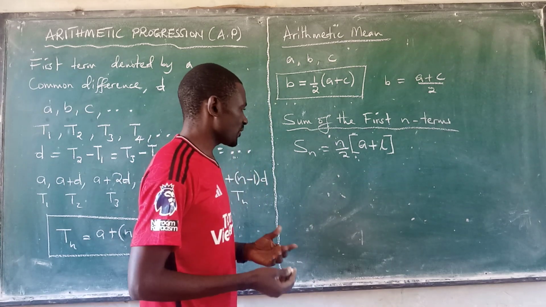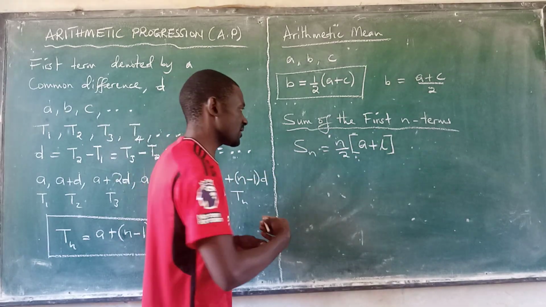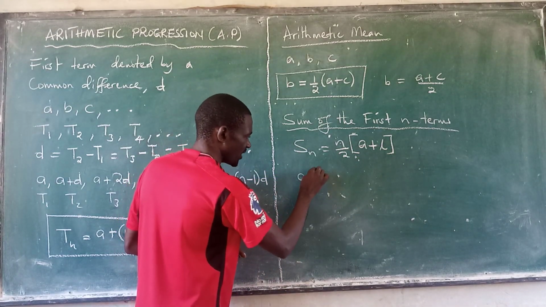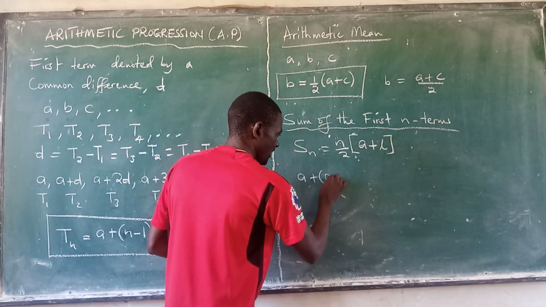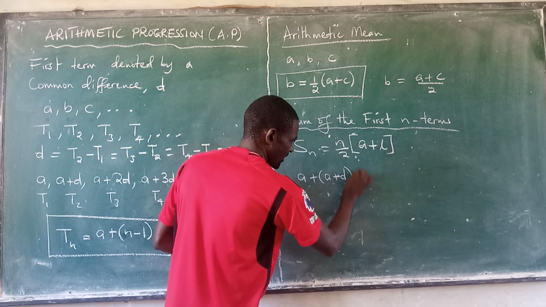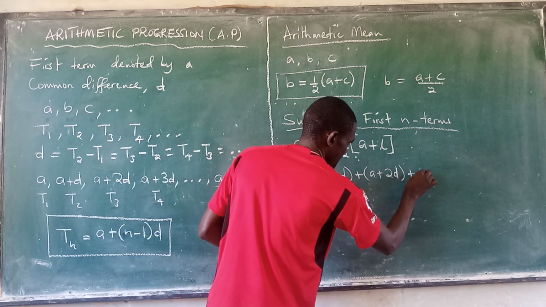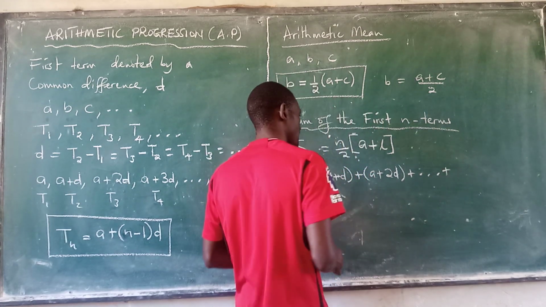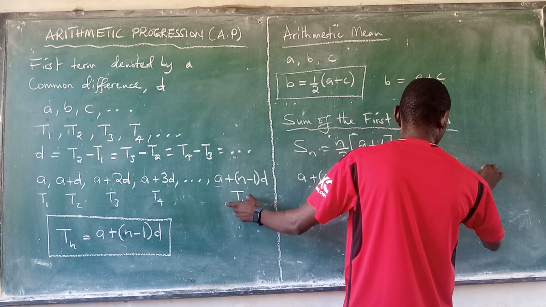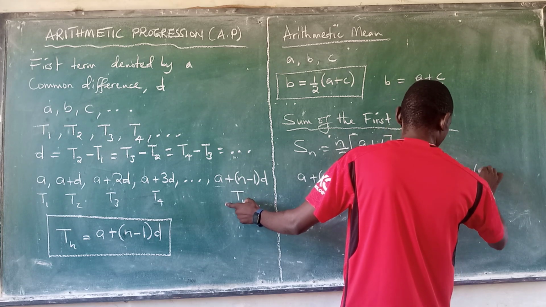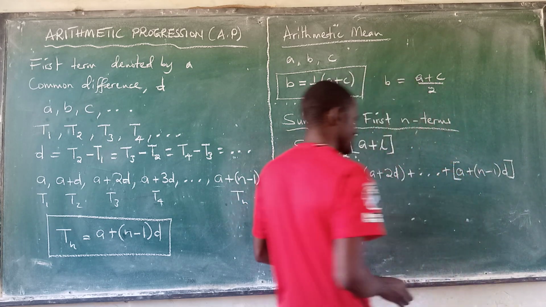Now, when we are talking about a sum, we are talking about adding all the terms up to the nth term. So we are talking about A plus A plus D plus A plus 2D plus and so on, all the way up to the last one which happens to be A plus n minus 1 D. So that is the last term.